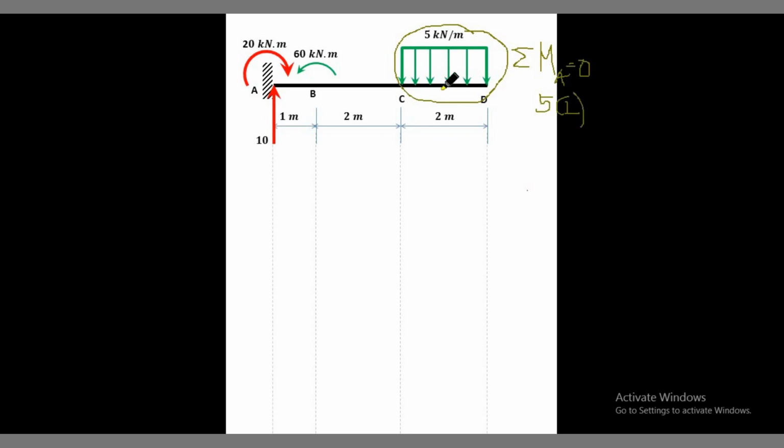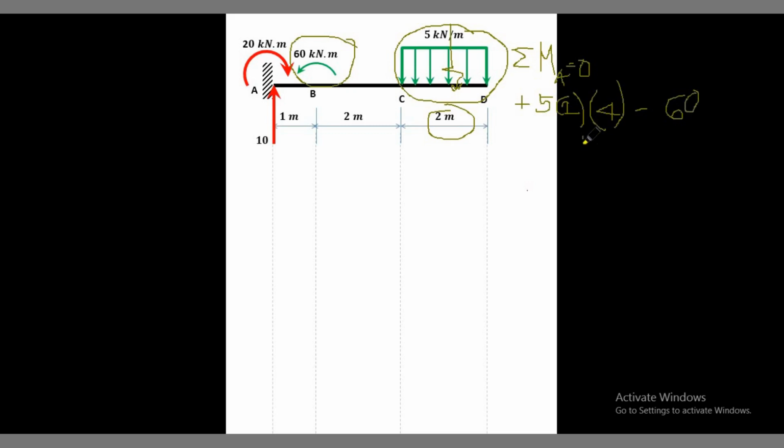The moment arm, 1/2 of 2, that is 1, plus 2 plus 1, that is 4. Since downwards siya, and kapag nag-moment yung aking resultant dito kay point A, that is clockwise, so positive. Then, meron tayong counterclockwise na 60 kilonewton meter. So, since that is counterclockwise, so minus 60.